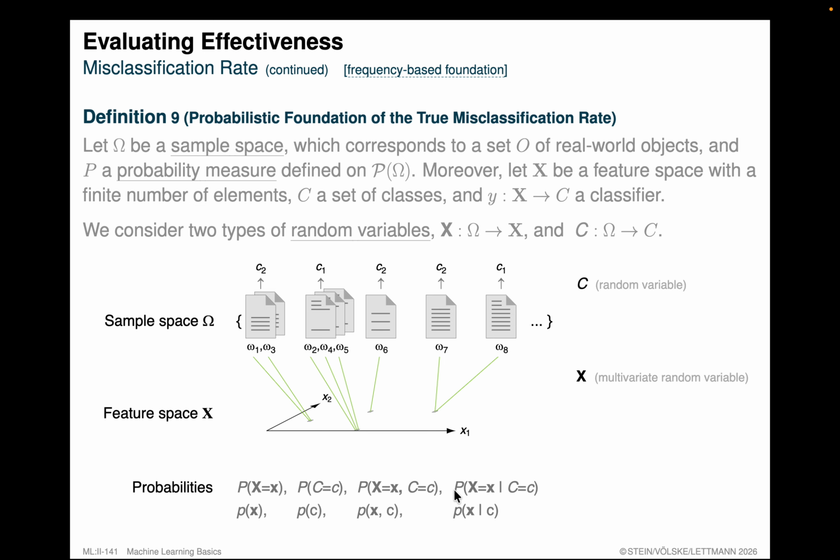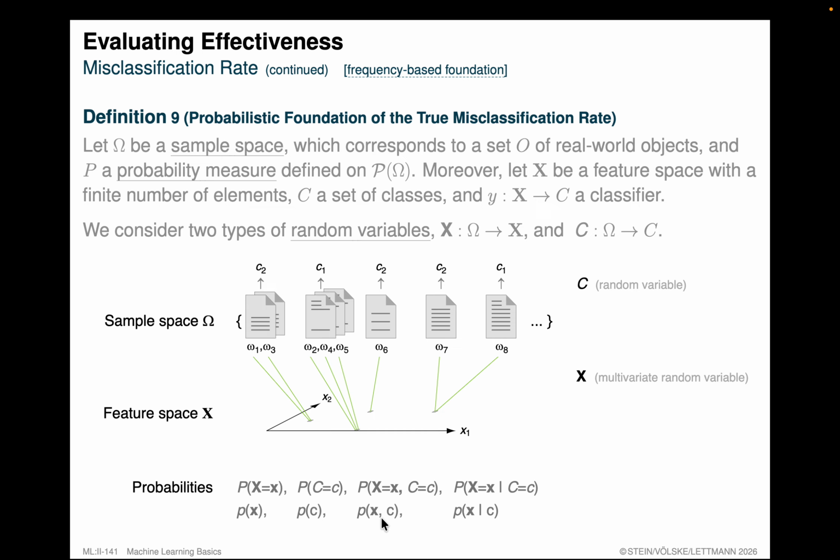So this is modeling classes and feature vectors as a joint probability distribution. And we can say the event is like this. The probability of the random variable x taking the value x and the random variable c taking the value c. So the probability of observing a feature vector x and a class c.